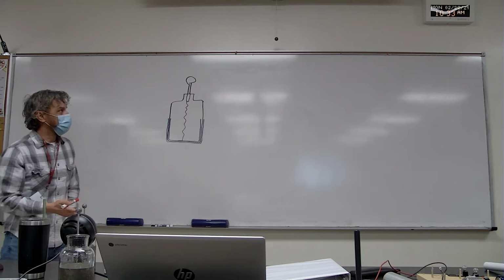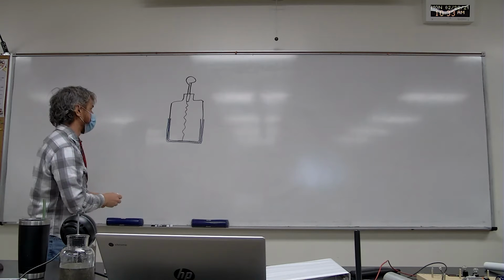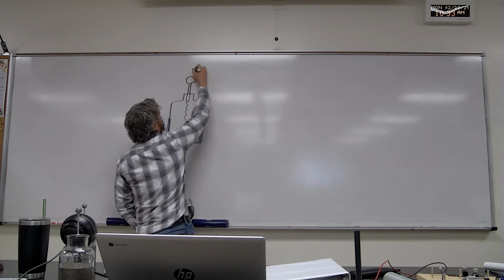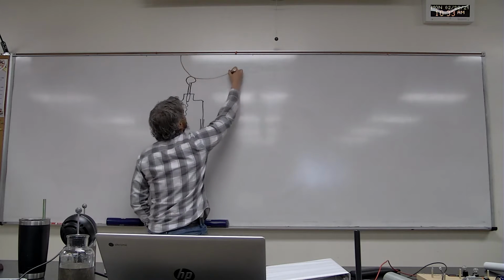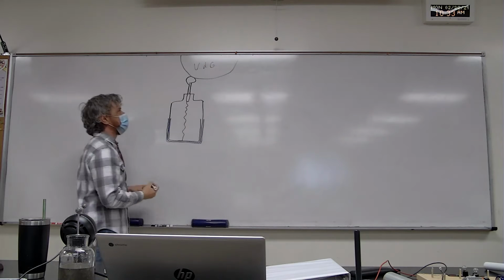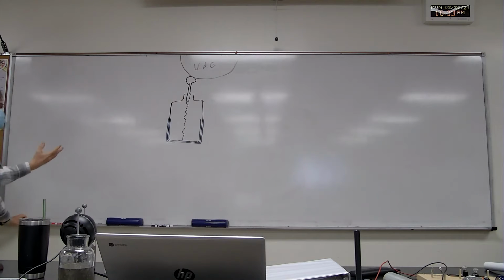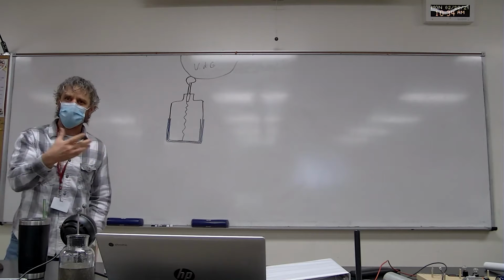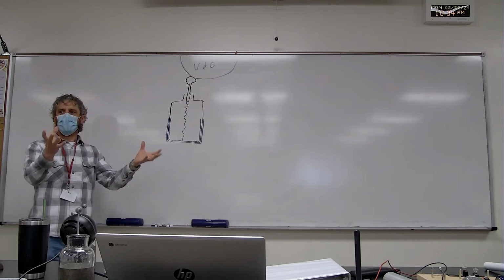But anyway, now what I can do, and what I'll do in a second, is I can make contact with this guy on the Van de Graaff generator. This is my Van de Graaff. That's the Van de Graaff generator. A Van de Graaff generator builds up positive charge. This particular one, most do. The dome builds up positive charge.